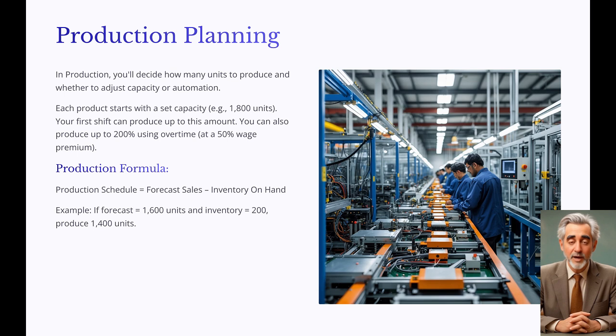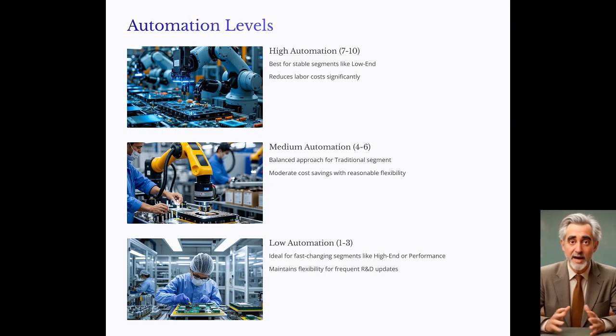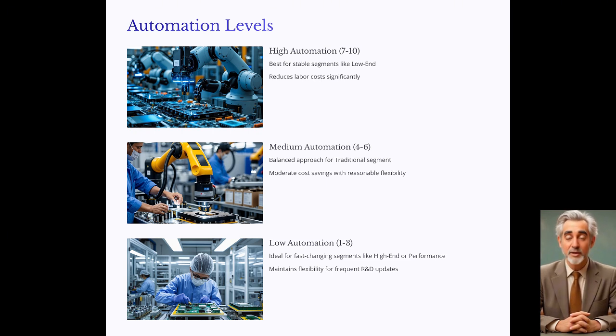Production planning. Once forecasts are set, it's time for production. Here, you'll decide how many units to produce and whether to adjust capacity or automation. Each product starts with a set capacity, e.g., 1,800 units. Your first shift can produce up to this amount. You can also produce up to 200% using overtime, at a 50% wage premium.